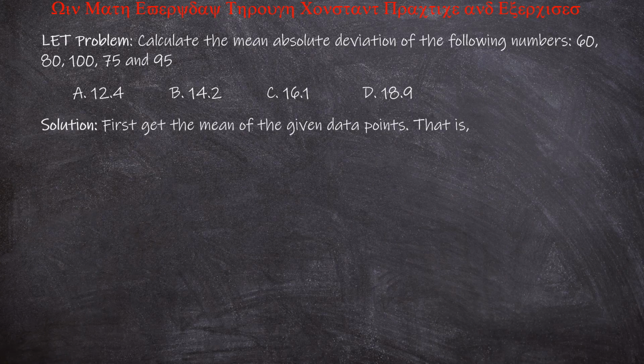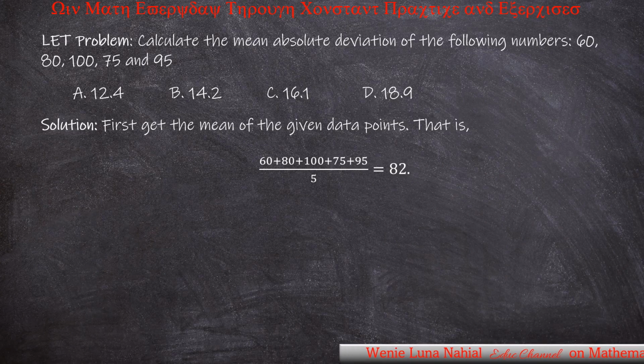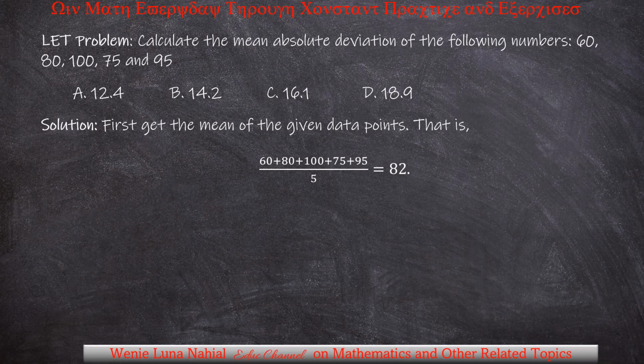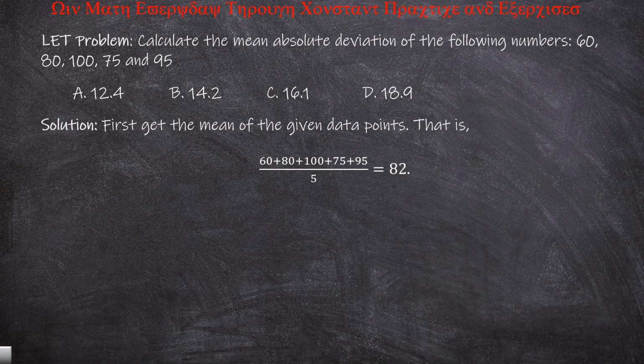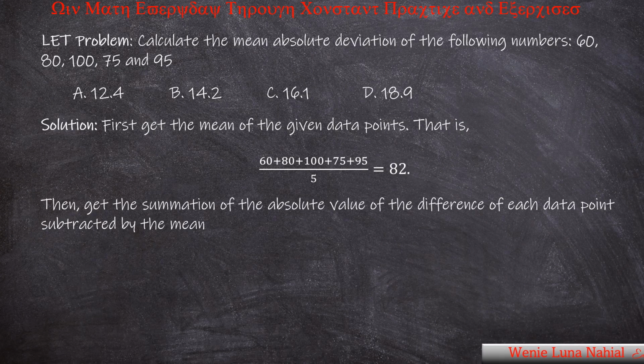For the solution, first get the mean of the given data points. That is 60 plus 80 plus 100 plus 75 plus 95, and the sum for this one is equal to 410. Divide it by 5, so you get 82. So that is the mean of the given data points.